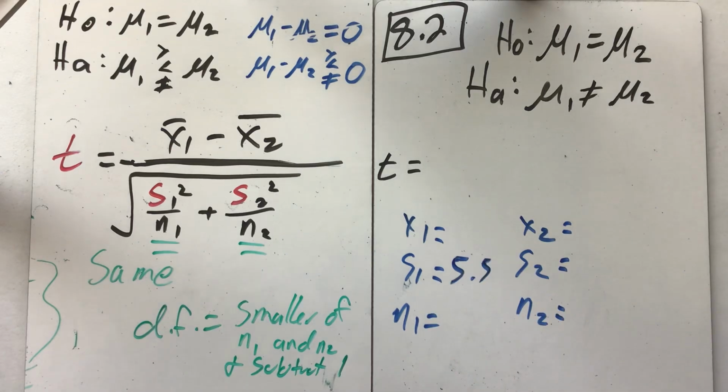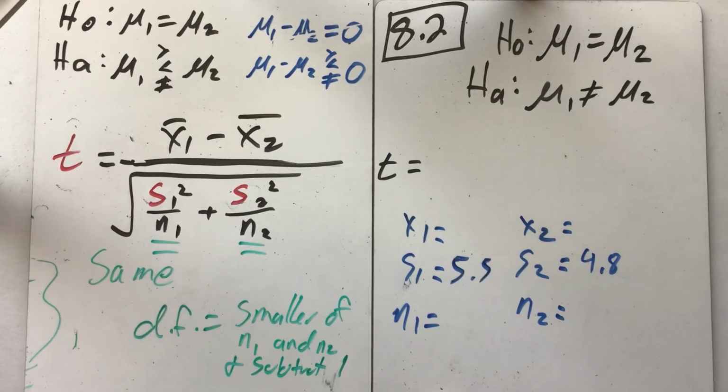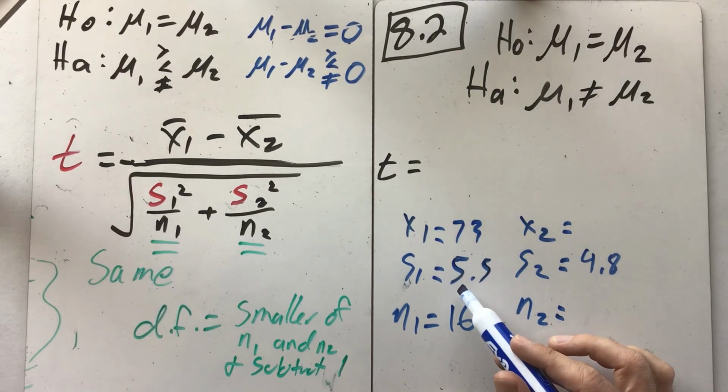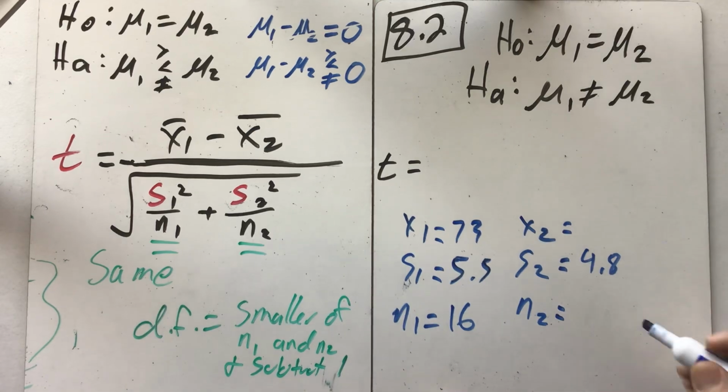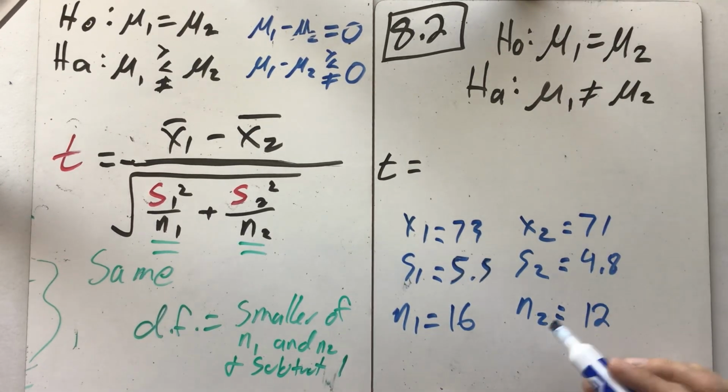It wasn't the standard deviation for the entire population. It was just those students in that one class. Versus the second class, which had a standard deviation of 4.8. So my first class had 16 students, an average of 73, and a standard deviation of 5.5. My second class has 12 students, an average of 71, and a standard deviation of 4.8.